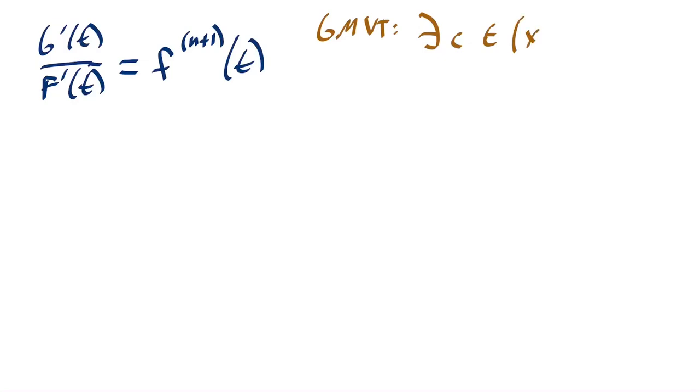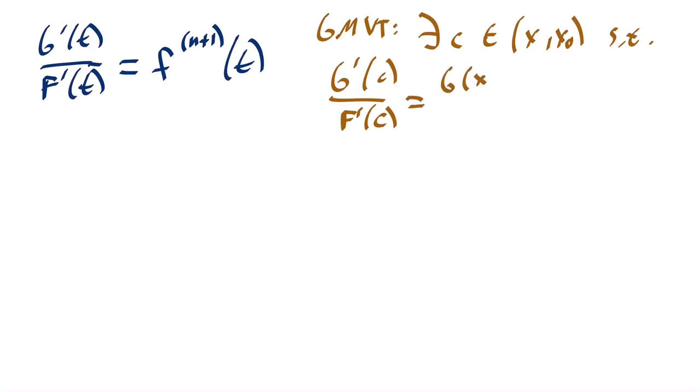So there exists a c in our interval x to x naught such that g prime of c divided by f prime of c is equal to g of x minus g of x naught divided by f of x minus f of x naught.